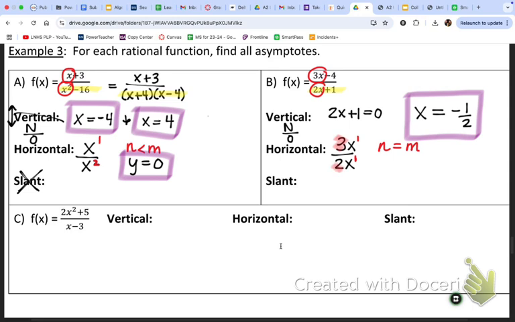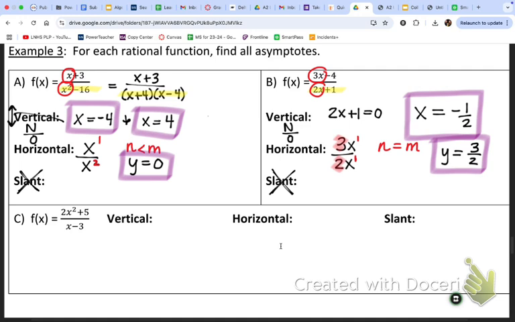So 3 over 2. Okay, so it's going to be y equals 3/2. Okay, you had a horizontal one, which means that the slant one doesn't exist. You can't have both.